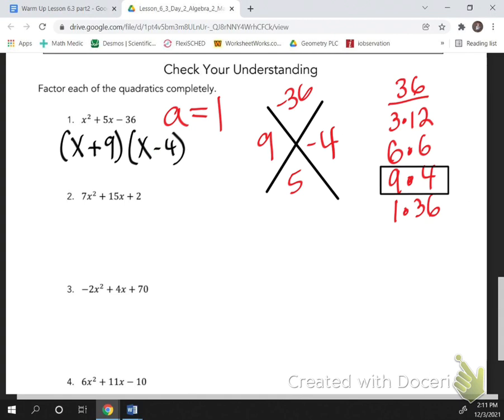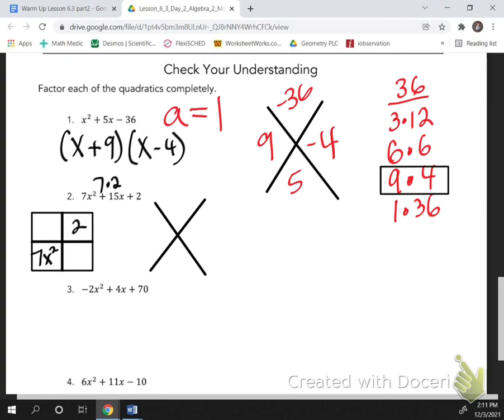Different from number 2, where our A value is 7. So this time we're going to start with the box. Our diamond is different because the top will be A times C. So we're going to do 7 times 2. So the top of our diamond is 14. I'm looking for factors that multiply to be 14 and add to be 15.